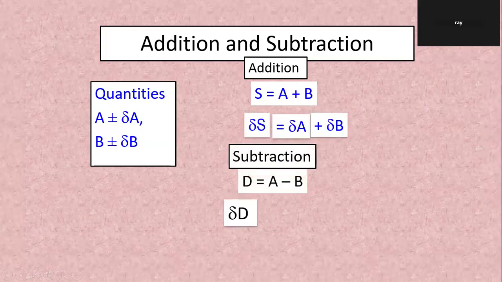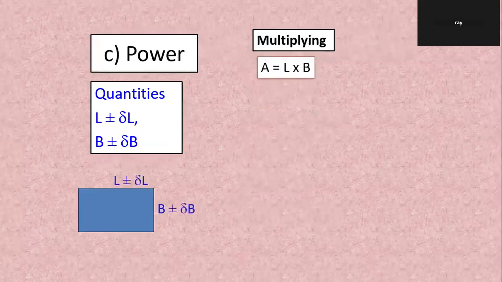Subtraction, the same thing. Right? You never subtract because if you subtract, you can get 0 or you can get negative, but there's no such thing as negative error. The error will always add up. You will get worse. You will never get better. So you add.